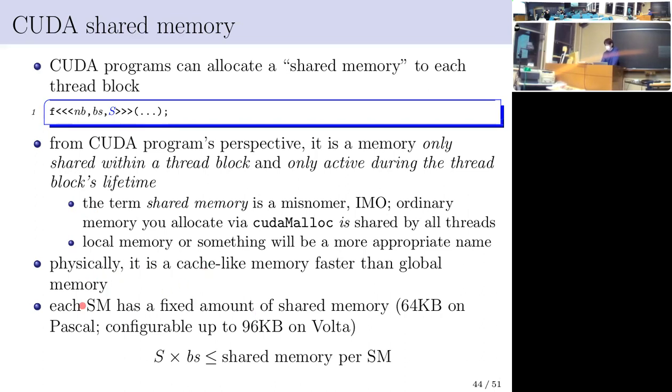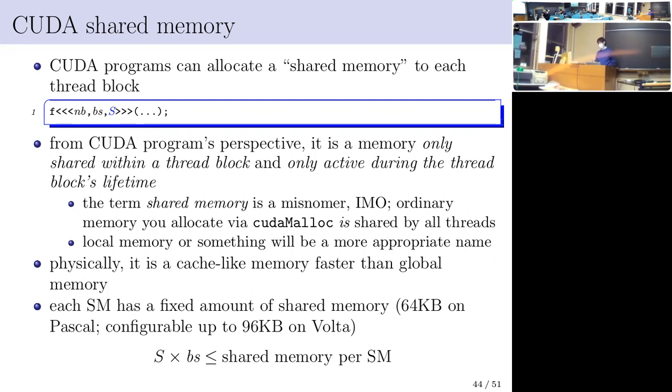And as such, it is very natural that each streaming multiprocessor has a fixed amount of shared memory. So you cannot have an infinite amount of shared memory, and it is actually much smaller than the global memory. Typically, global memory is something like 40 gigabytes or 80 gigabytes, whereas shared memory is as small as 100 kilobytes or 64 kilobytes.